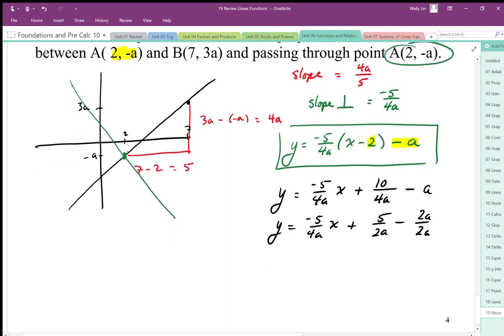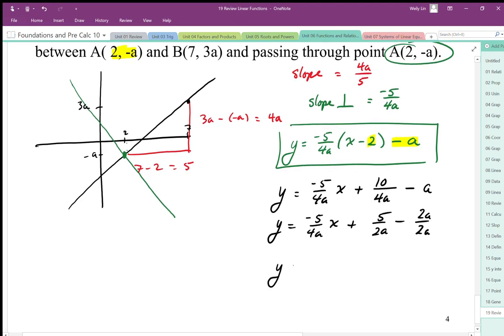So then this simplifies to y equals negative 5 over 4a x plus 3 over 2a. And there is the same equation. Okay, that is the same as the green equation that I've written, but this now is in slope-intercept form.